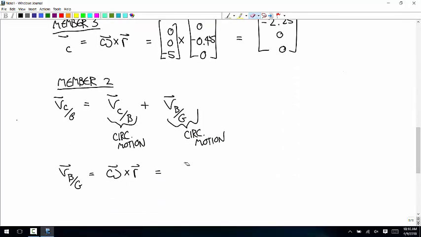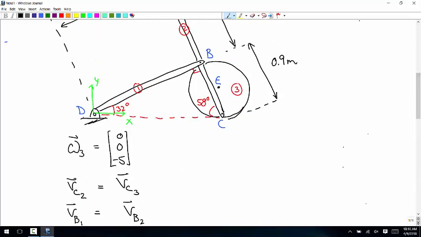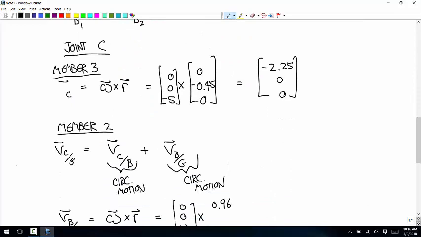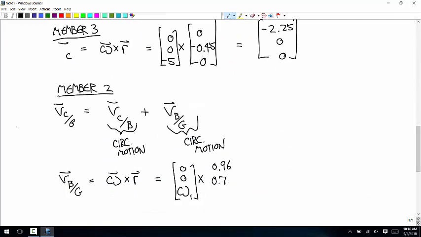So that's 0, 0, omega 1 crossed with the r vector that goes from D to B. Anybody have any questions about what I'm doing there? Or just the overall flow of how I'm calculating the velocity of that point C.